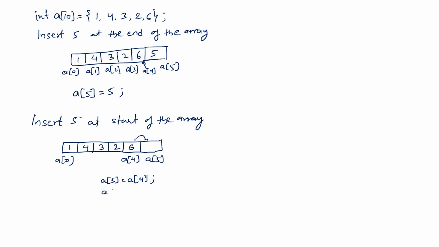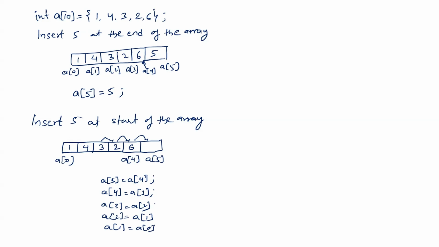If you now want to bring 2 to the index number 4, then we have to write A of 4 is equal to A of 3. Then for 3, I have to write A of 3 is equal to A of 2. Likewise, we have to bring all the values to the right side in order to leave the space for the 5.